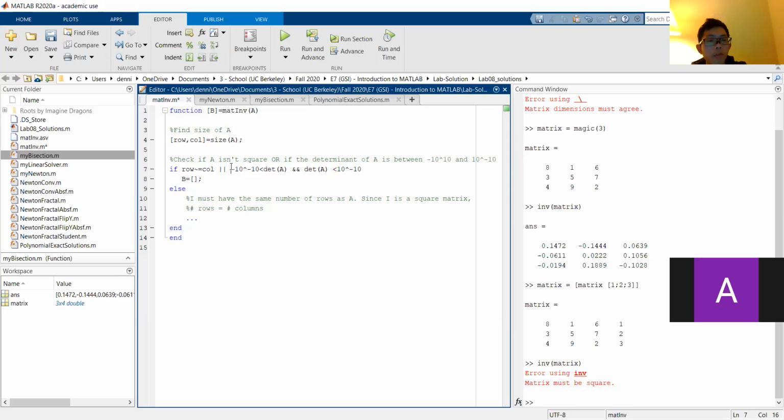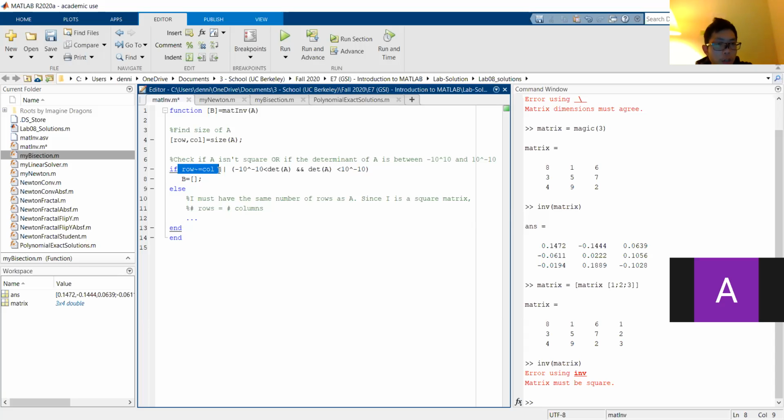It has to be between those 2. Because if we had an or, basically any number is going to satisfy one of those conditions, but it has to satisfy both to be within a certain margin of 0. The determinant, we want to be roughly 0 for this to return an error.